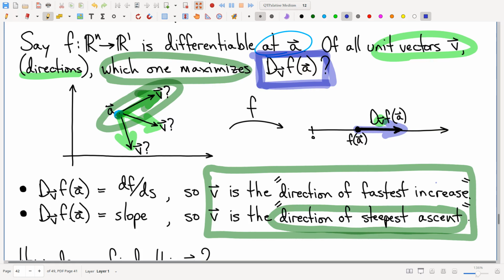Then that's not fair, because the person on the track team is going to get there faster. We don't want speed to enter into the comparison. We want to just compare the directions. So we're thinking of all these as being directional derivatives, which are derivatives with respect to distance, not time.